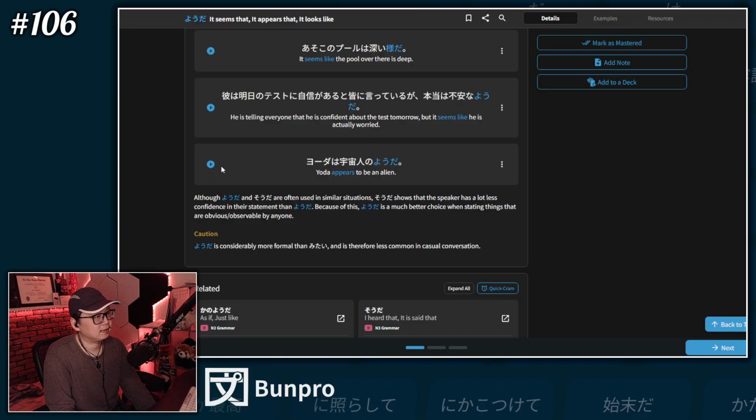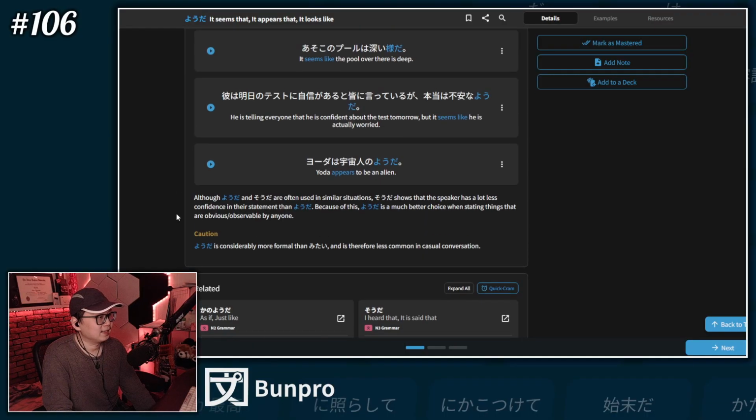They did a play on homonym using Yoda. ヨーダは宇宙人のようだ。 Oh, it's still Yoda. So this is Yoda, and that's Yoda as well. So that's kind of cheeky. Yoda versus Yoda.